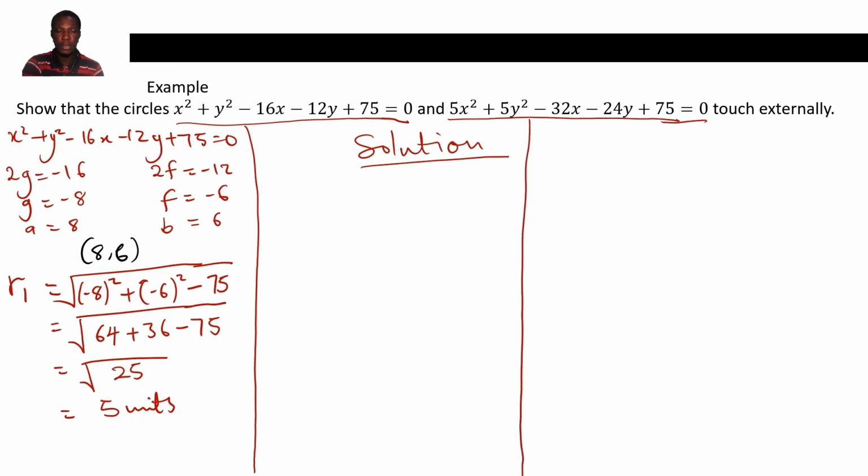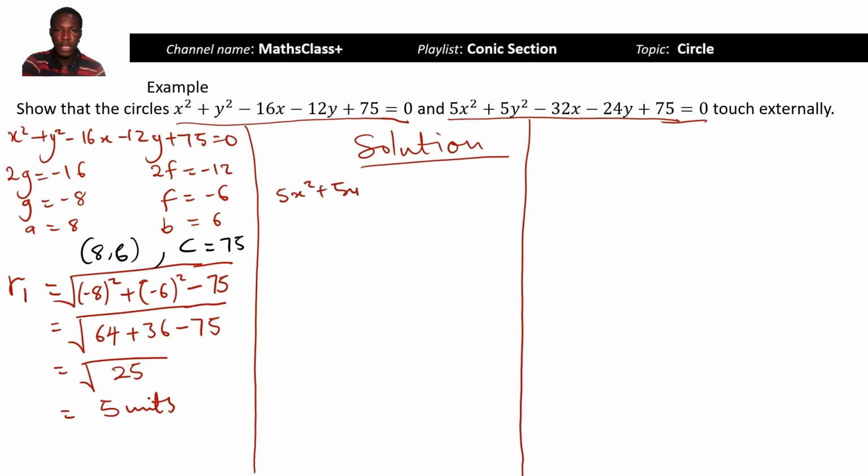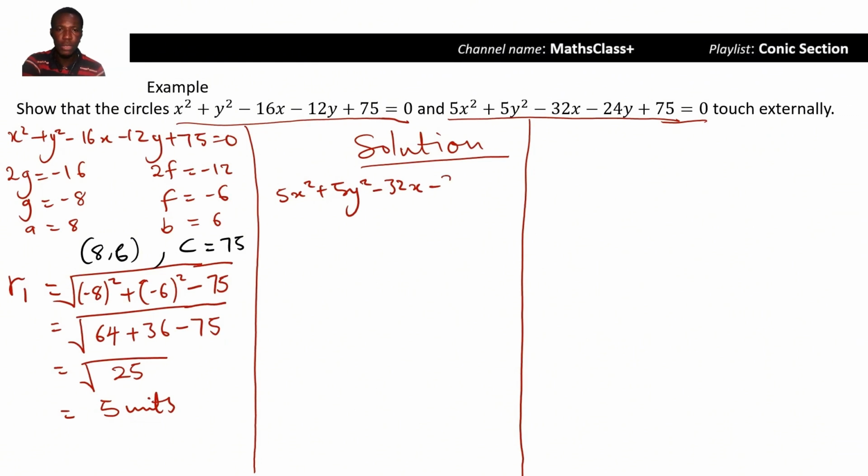Then we take the second circle. Here we have c to be 75. Now for our second circle, we have 5x squared plus 5y squared minus 32x minus 24y plus 75 is equal to 0. Before we can do the comparison, we have to divide through by 5.